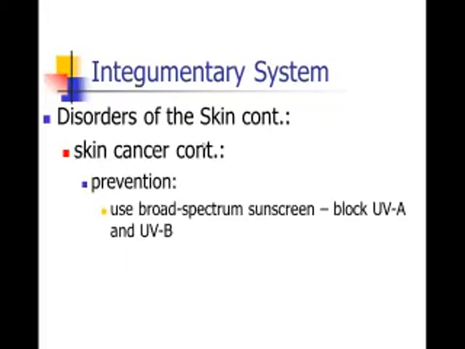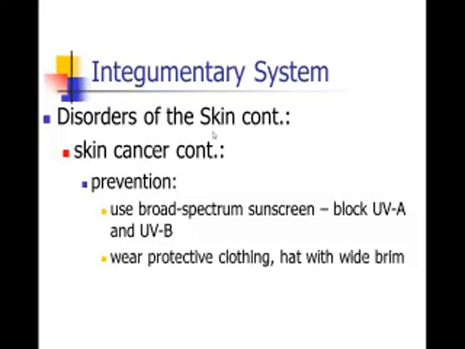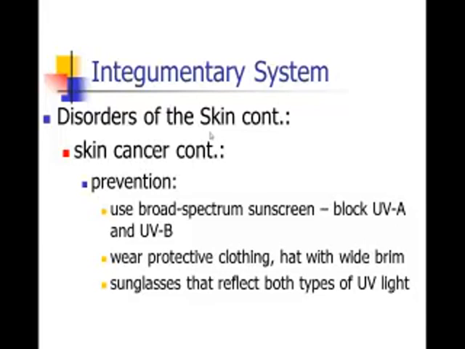So in order to prevent these skin cancers, there are a couple of things you can do. Broad spectrum sunscreen is a really good idea, blocking both ultraviolet A and ultraviolet B radiation. Wear protective clothing, so long sleeves, gloves, a hat with a wide brim, sunglasses, especially sunglasses that reflect both kinds of UV.